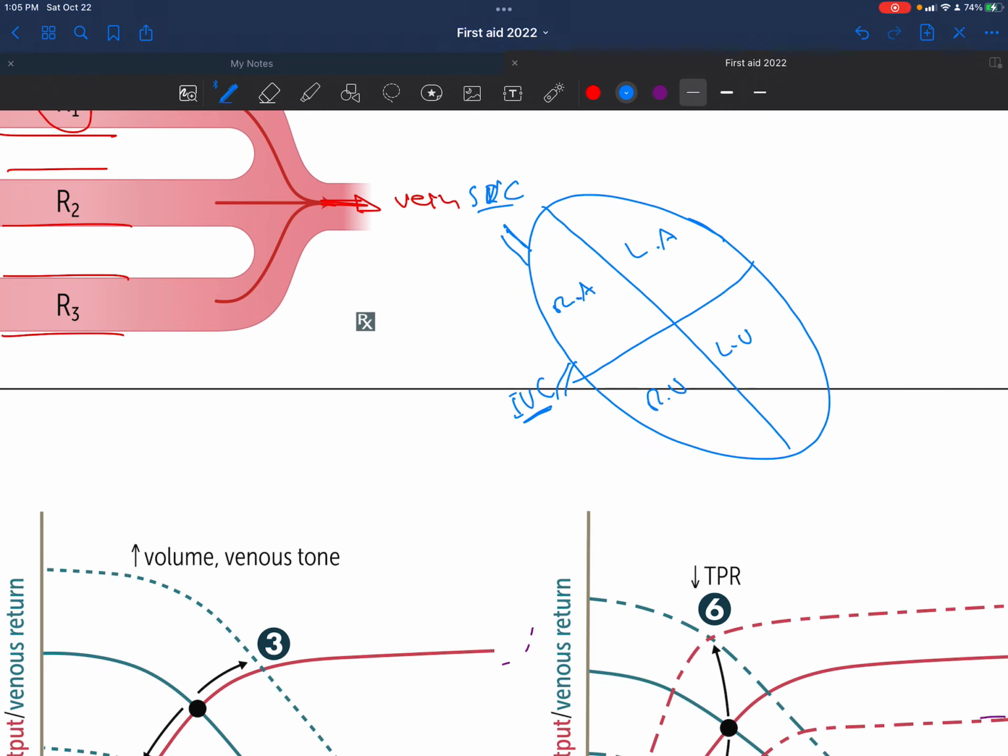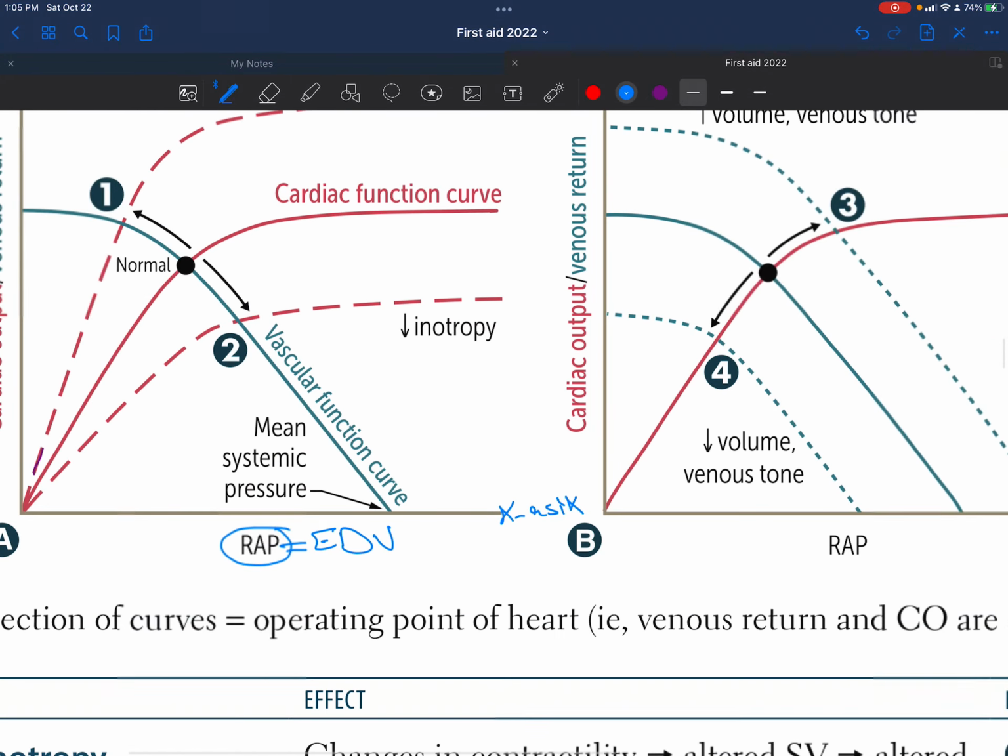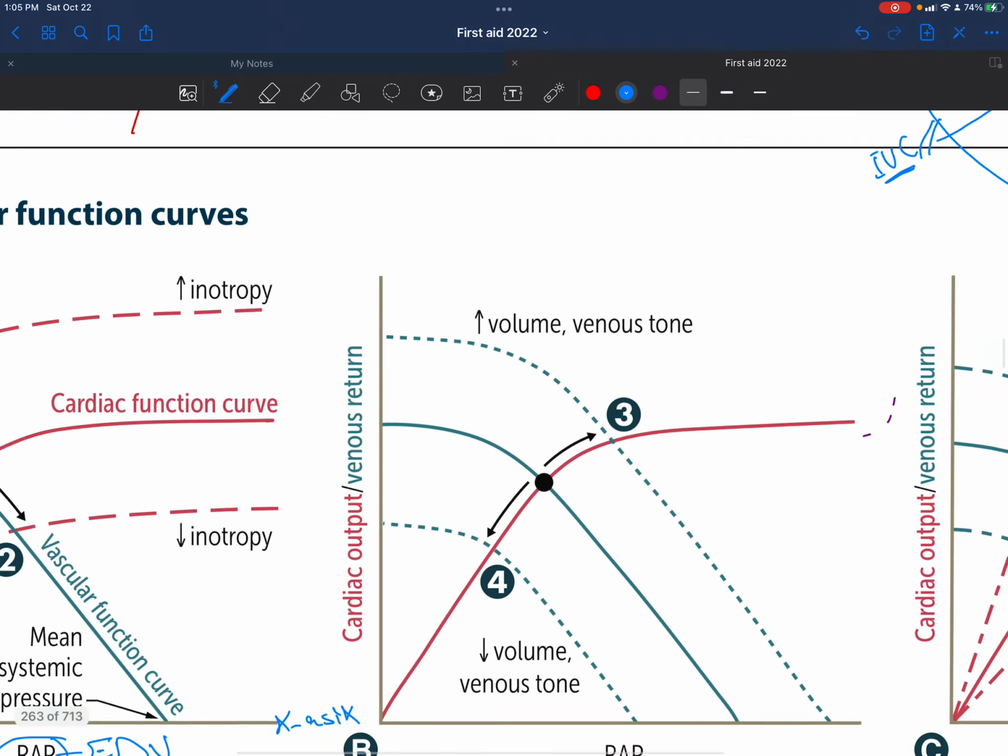So all the blood in the body is just going into the right atrium through these veins. The blood that is coming through these veins is called the venous return. So this blood is just going back to the heart. That's why it's called venous return. It's through these two major veins, superior vena cava and inferior vena cava.